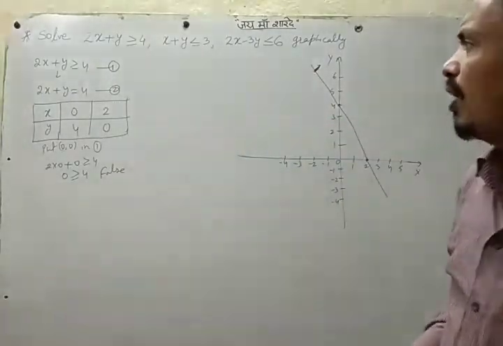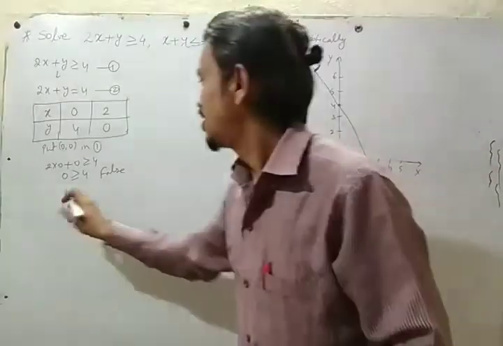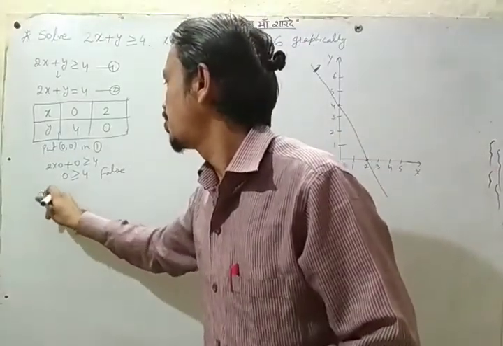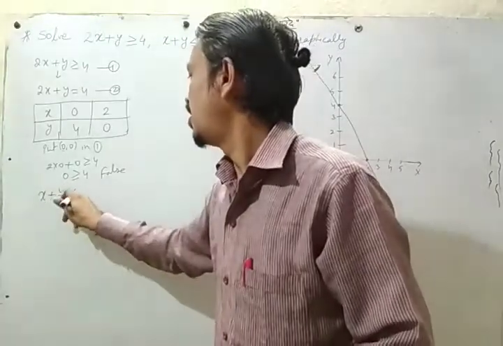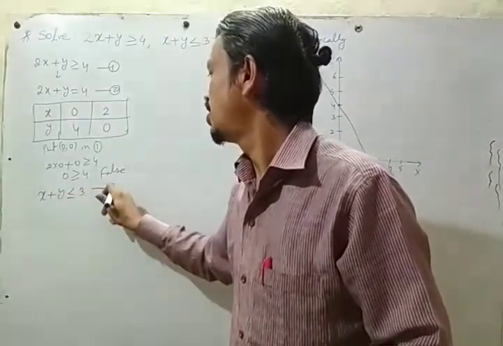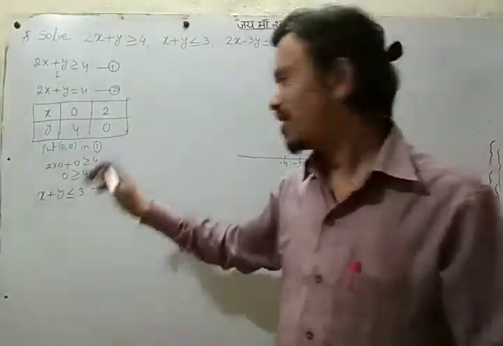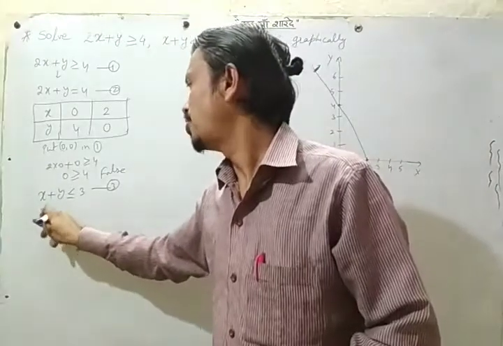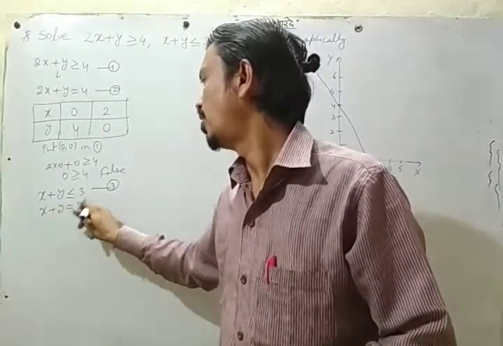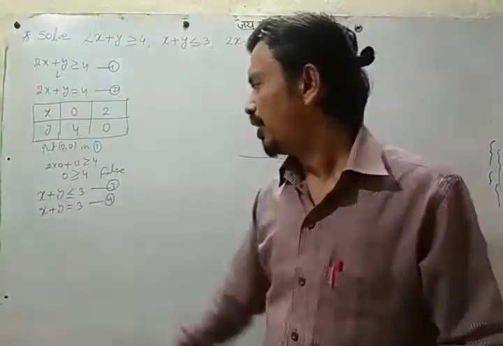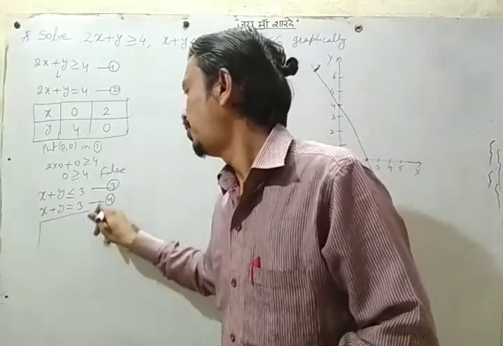Now for the second inequation, x plus y is less than 3. Suppose it is number 3. Its equation will be x plus y equal to 3, number 4. Now we find its solution.